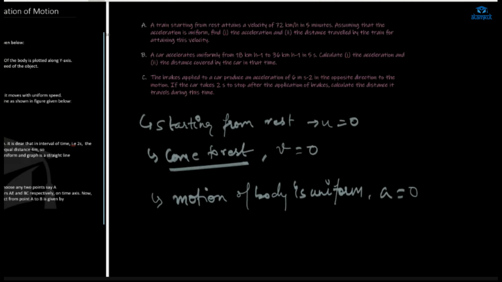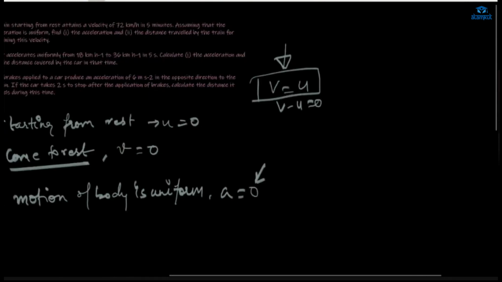So if the motion is uniform, the acceleration will be 0. There is no difference between v and u, so v minus u is 0. Whatever the final velocity is, it is the initial velocity, v equals u throughout the motion.